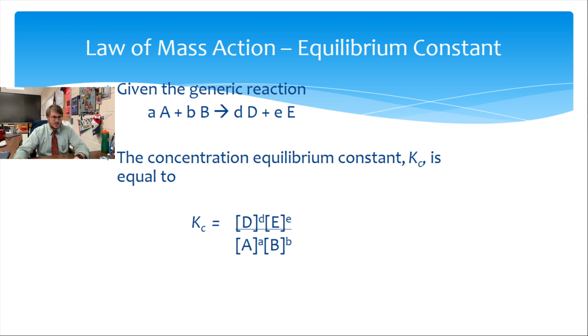Product raised to its exponent times product raised to its exponent, divided by reactant raised to its exponent times reactant raised to its exponent, and that creates a simple math problem to determine the equilibrium constant.